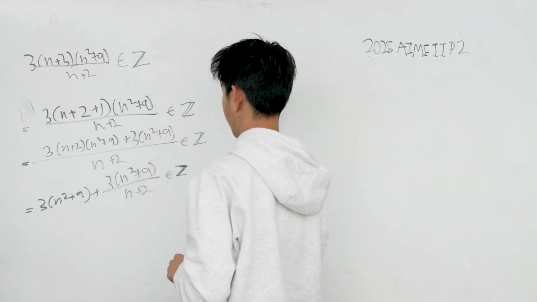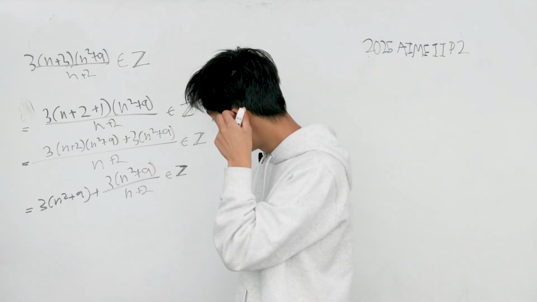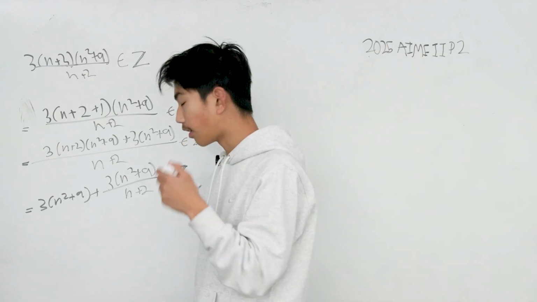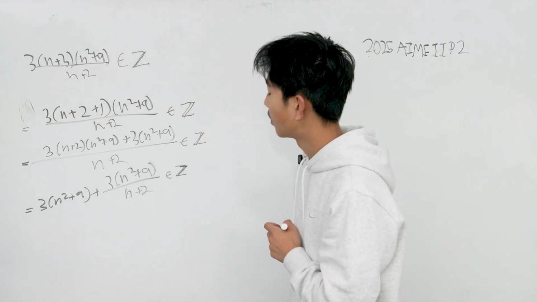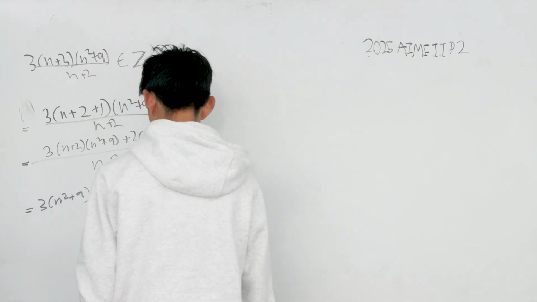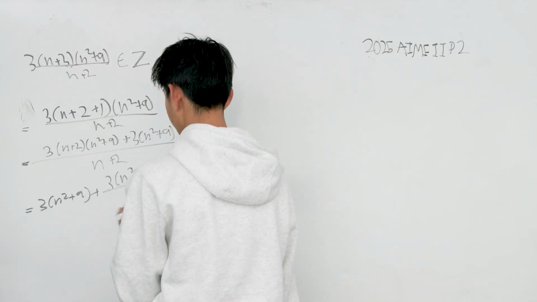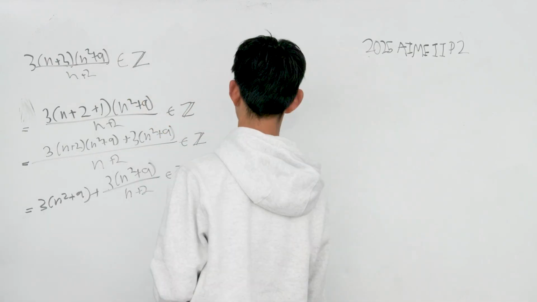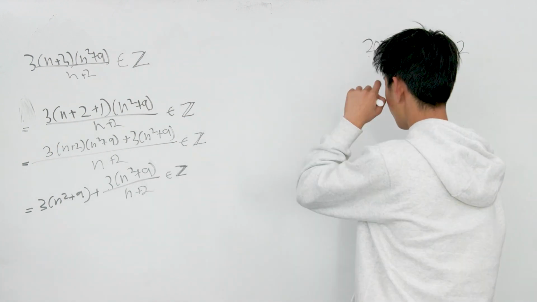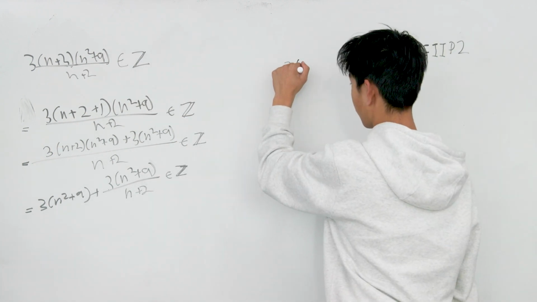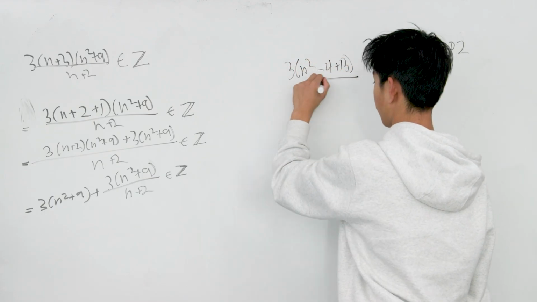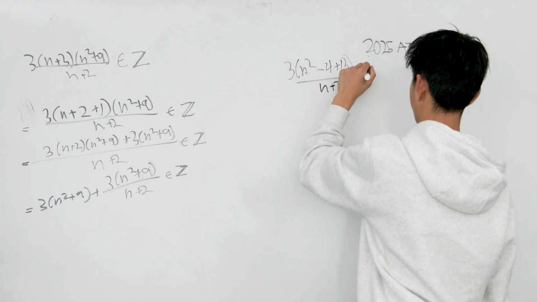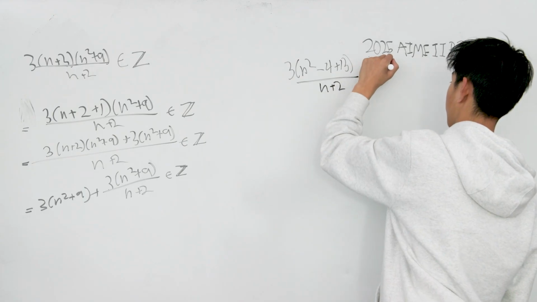Now we can even further complicate this. What we can do is put all of this back under the n+2 to get 3(n² − 4) plus 13 over n+2, and this property remains the same.